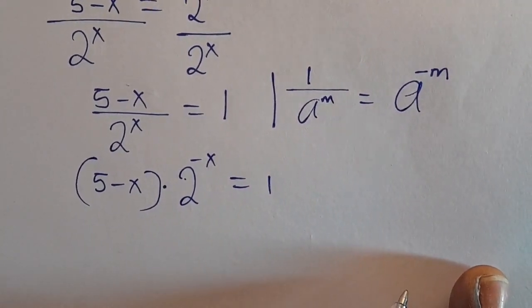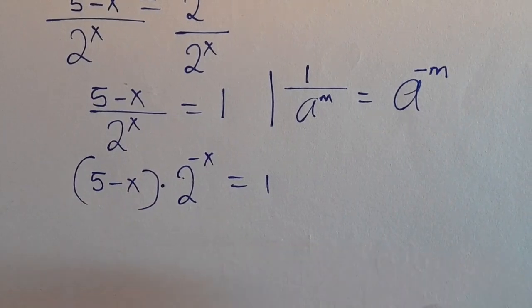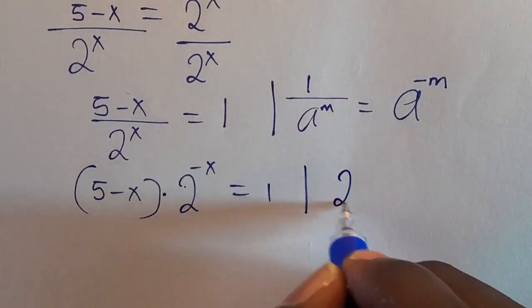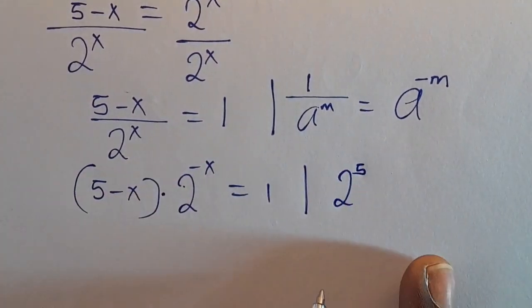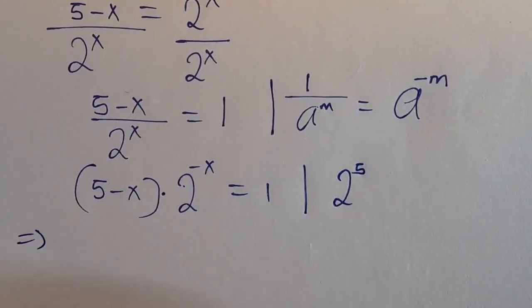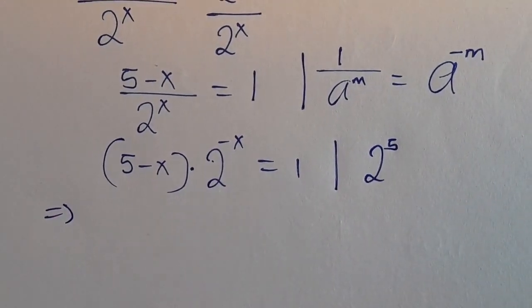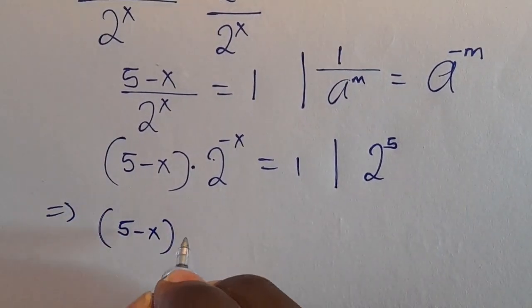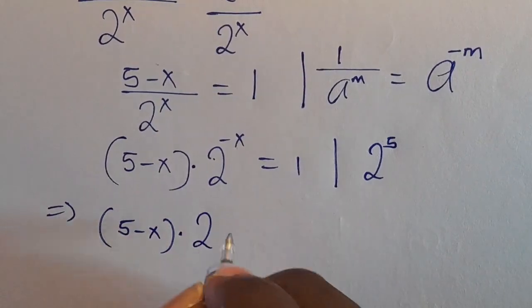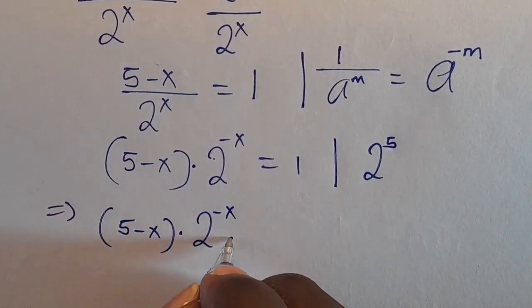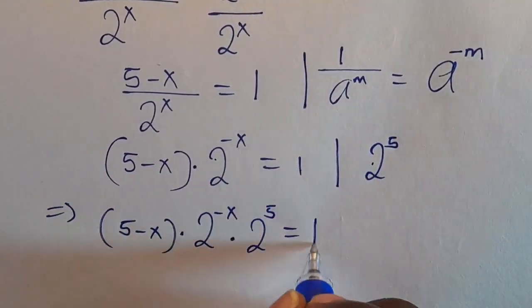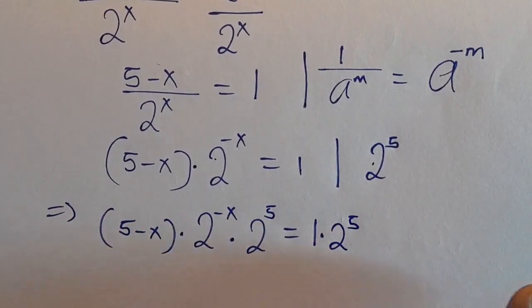Now we want to do something reasonable, so let's multiply through this expression by 2 to the power of 5 and see what will happen. So this implies that we're going to have 5 minus x, then multiplied by 2 to the power of minus x, again multiplied by 2 to the power of 5 equals 1 multiplied by 2 to the power of 5.